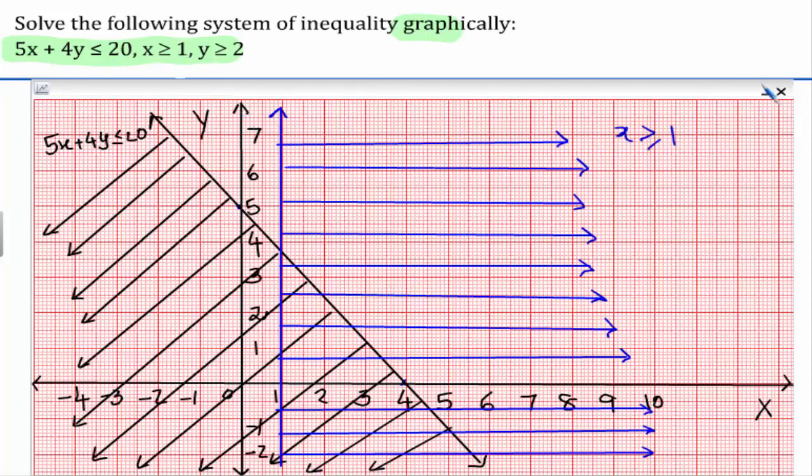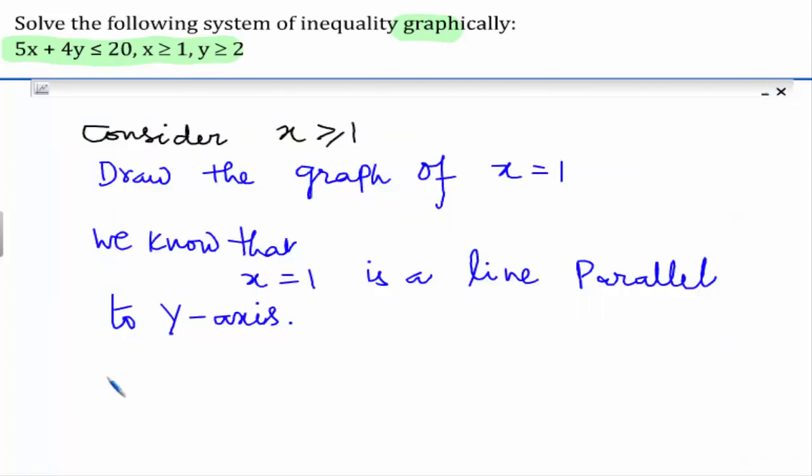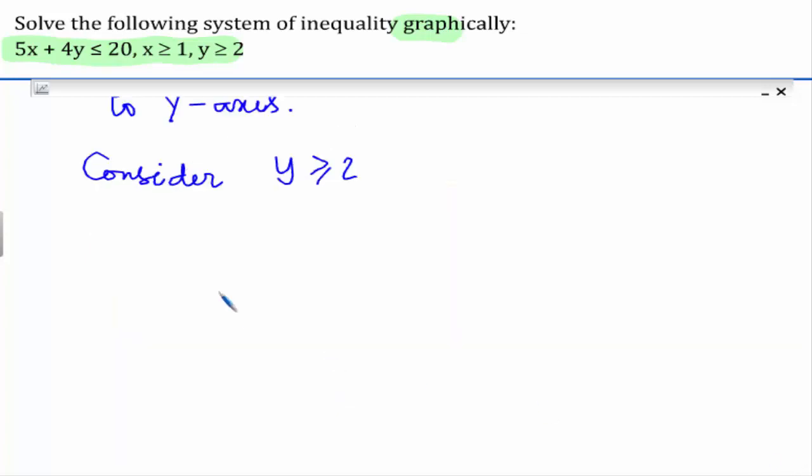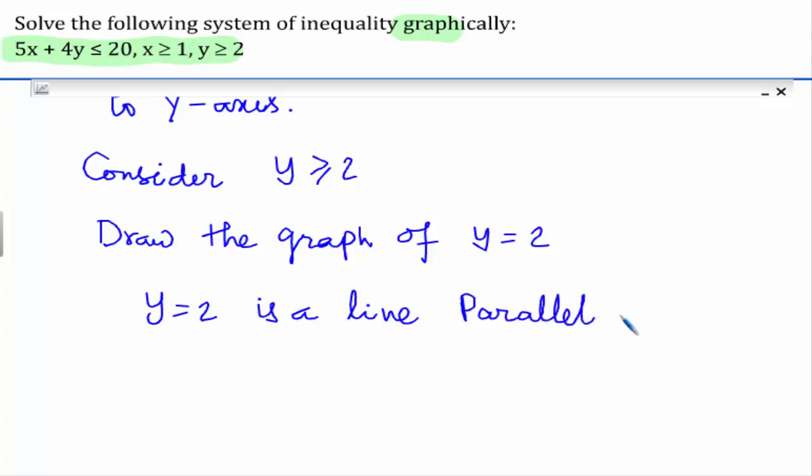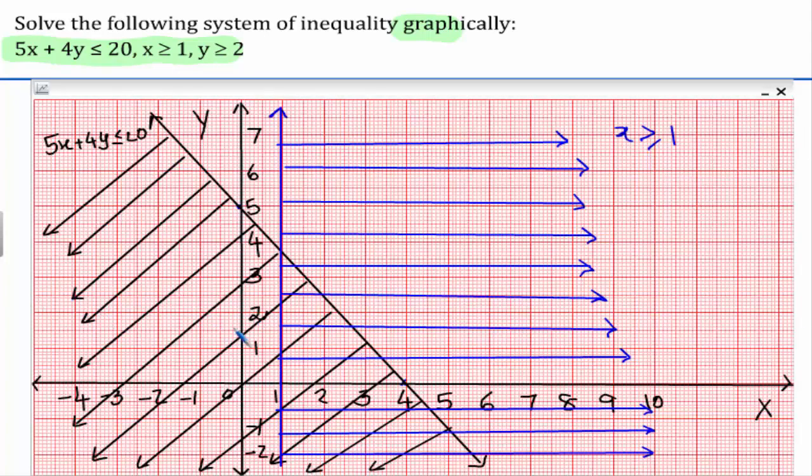Now the third one is y greater than or equal to 2. To find out the solution of this inequality, we have to draw the graph of y is equal to 2, and y is equal to 2 is the line parallel to the x-axis, and it intersects the y-axis at 2 units.